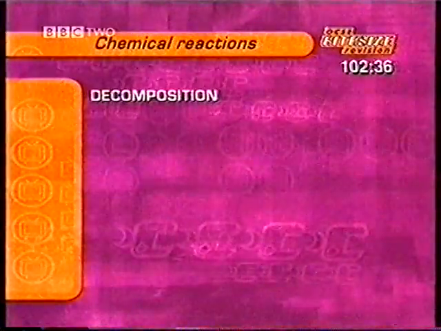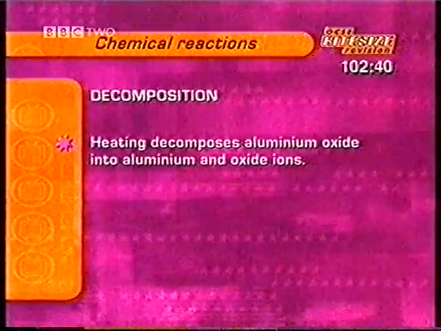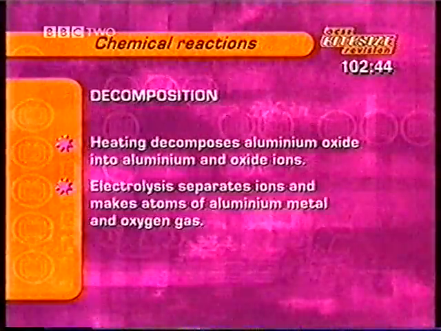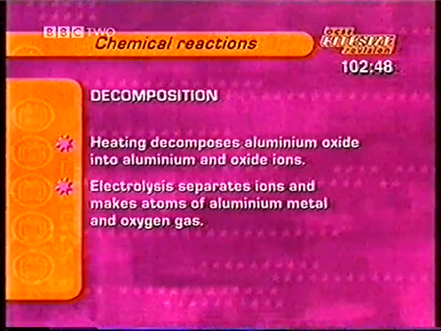Next, electric charge draws the ions apart and neutralizes them, turning them into aluminium metal and oxygen gas. So the heating process first decomposes aluminium oxide into aluminium and oxide ions. Then the electrolysis separates the ions and turns them into atoms of aluminium metal and oxygen gas.